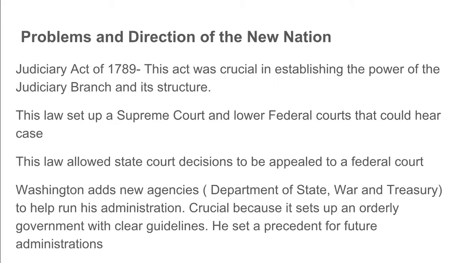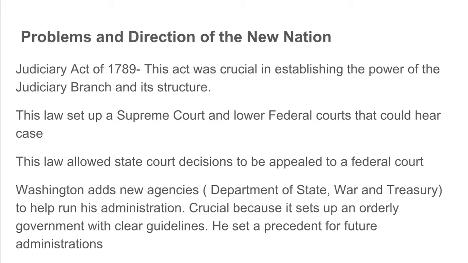Remember, the executive branch enforces laws, the legislative branch makes laws, and the judiciary branch judges laws. So the Judiciary Act of 1789, underneath Washington's administration, set up the Supreme Court, and the Supreme Court has the right to be the final say on all judiciary matters from lower courts.